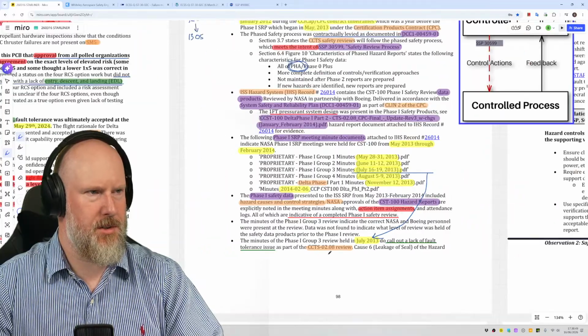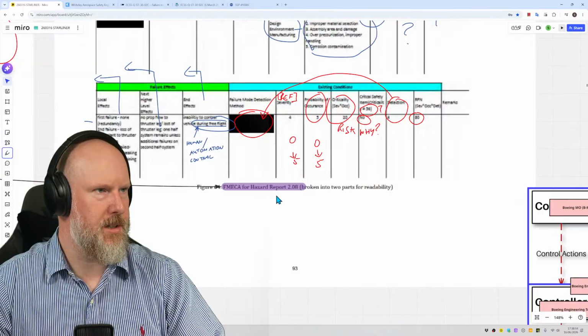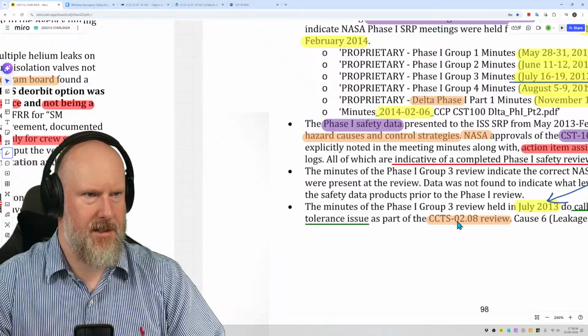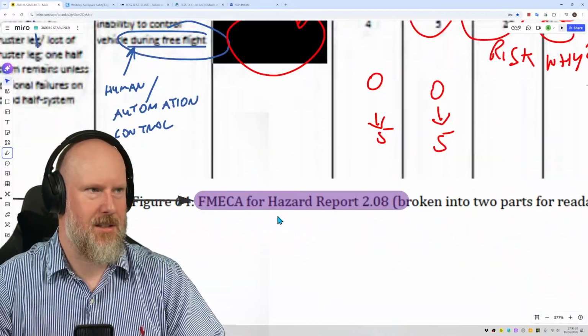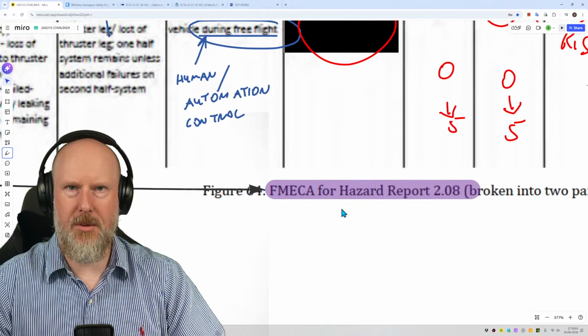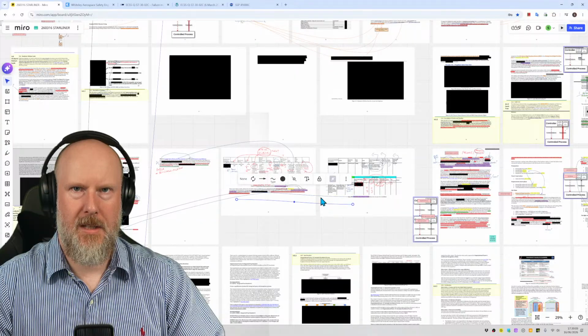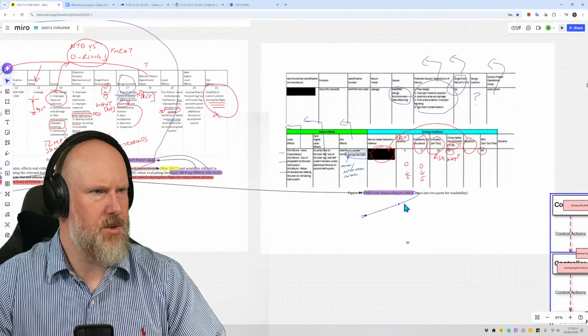Right, hang on. So this 208 review, let's go back to these fault trees. CCTS-202-08 review. So is that the FMECA review that they identified this? Is that what we're talking about here? Let's zoom in a bit.